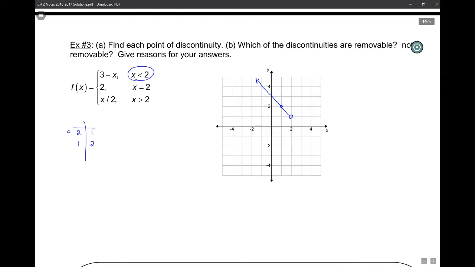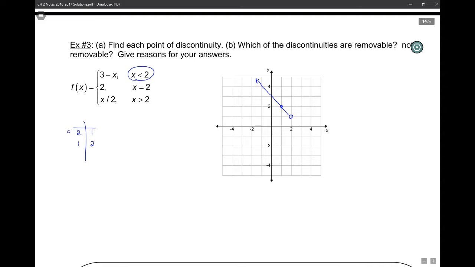And which are removable. The reason I have it phrased this way is this is how your homework looks. So x equals 2 is removable. Now, what's the reason? Because the limit as we approach 2 from the left is 1.